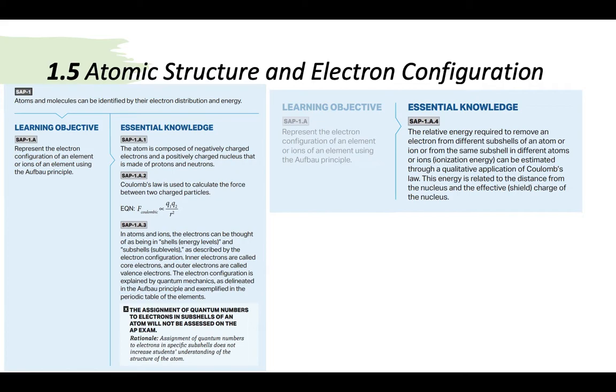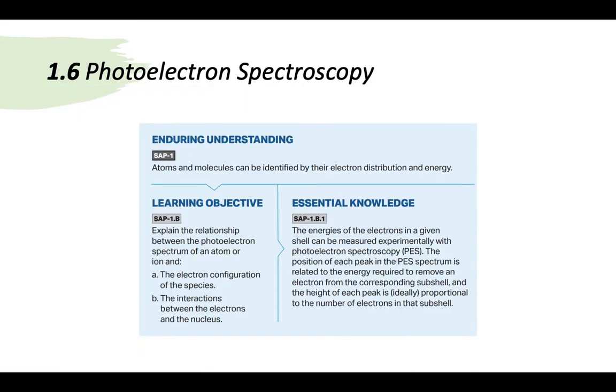So I've used Coulomb's law to explain why the ionization energy for potassium is lower than the ionization energy for lithium. So you should be able to use different subshells, Coulomb's law, effective nuclear charge.